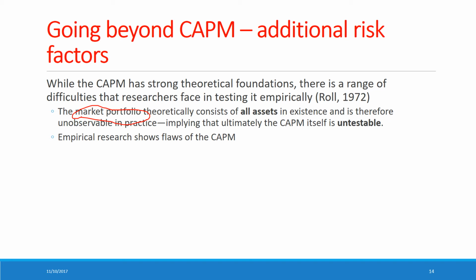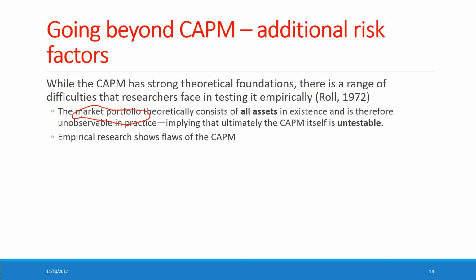And stocks by themselves are not the only asset class that investors can invest in, right? Besides stocks, they can invest in bonds, they can invest in real estate, and so on and so forth, right? So the market portfolio, therefore, by default is impossible to be observed, right?